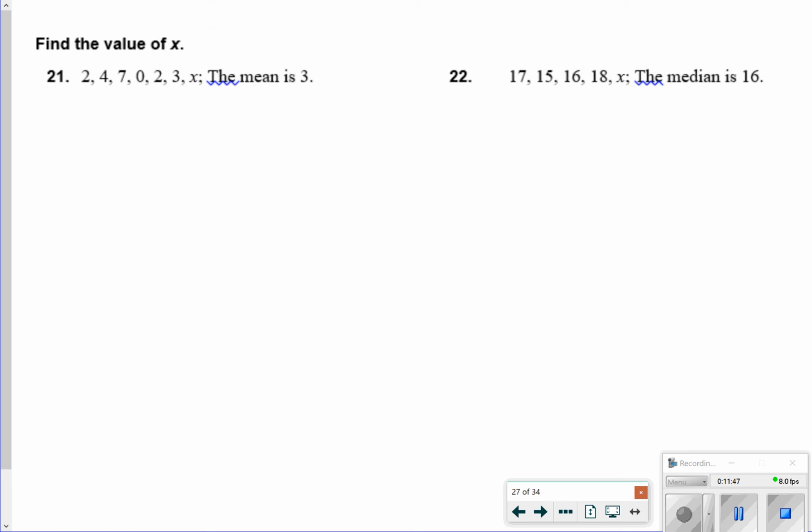For 21, we're trying to find the value of x, and it says the mean is 3. So what I would first do is maybe add these all together. So right now it's 16, and there are 1, 2, 3, 4, 5, 6, 7 numbers. I know if the mean is 3, 3 times 7 gives me 21.